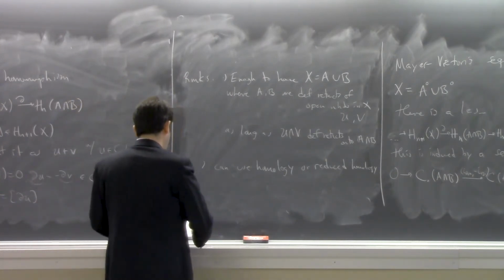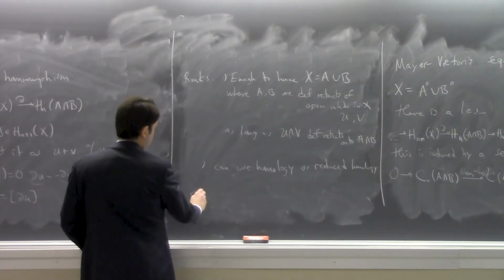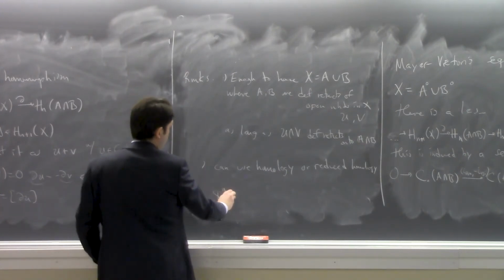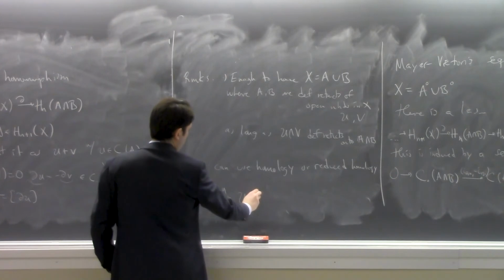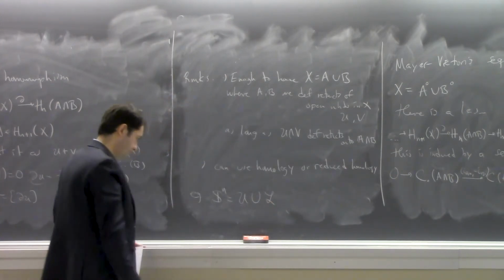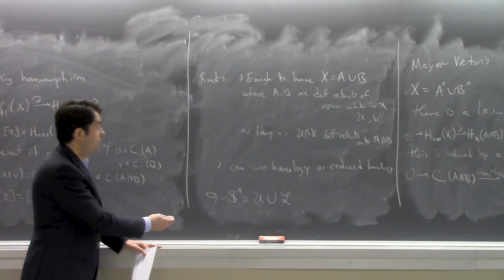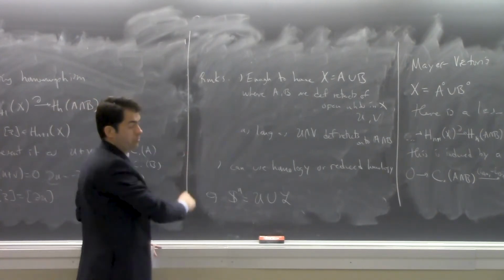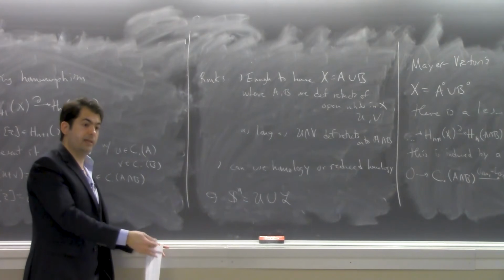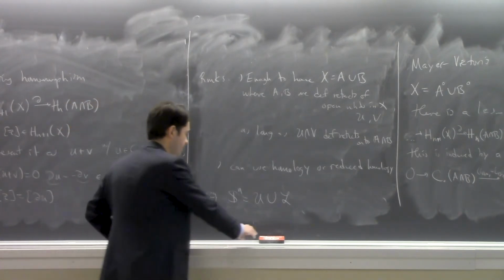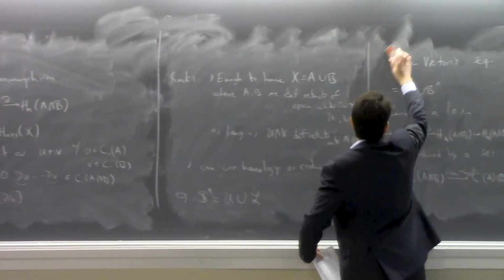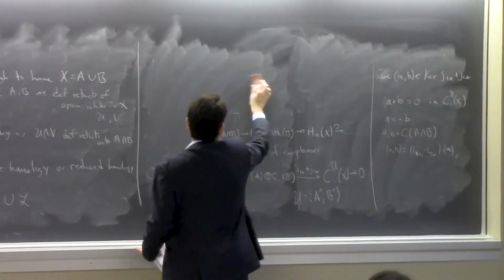Okay, so for example, take the sphere and write it as the upper hemisphere union the lower hemisphere. Right. So these are closed sets, which is why we have this sort of remark, so that I don't need to bother thickening them up. So let's see what this says in that case.